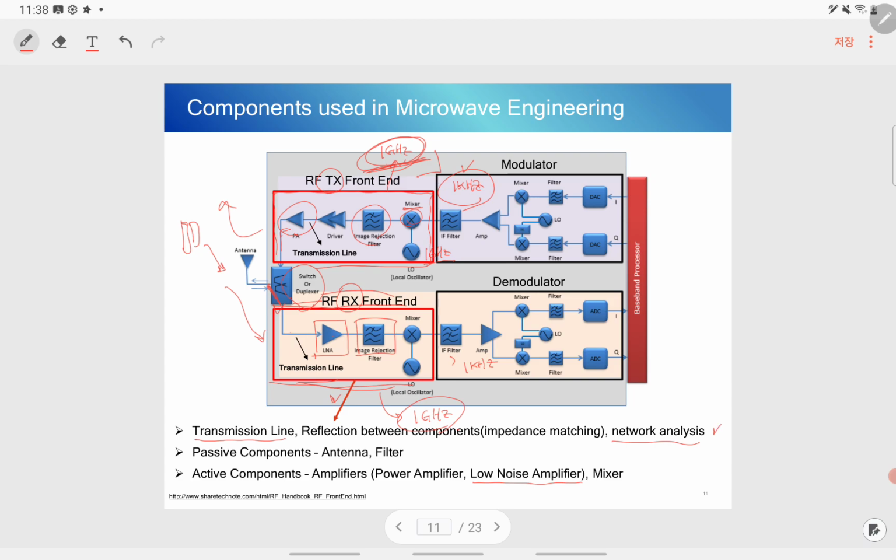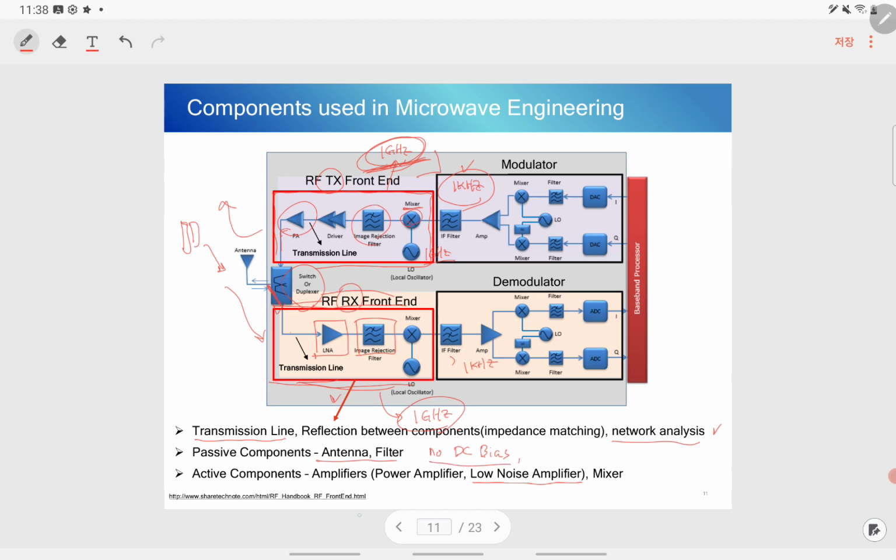The passive components in this red box include the antenna and filter. Passive means it doesn't require DC bias; basically, no transistor, no diode, right?